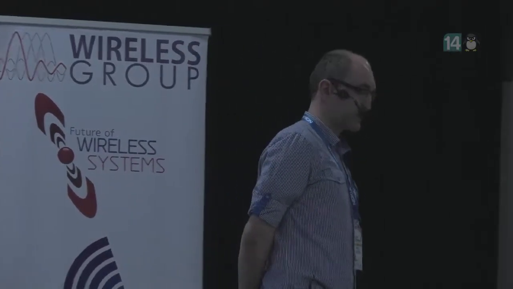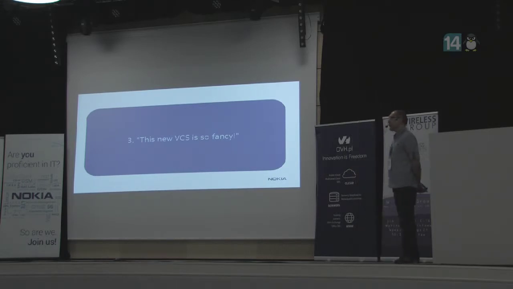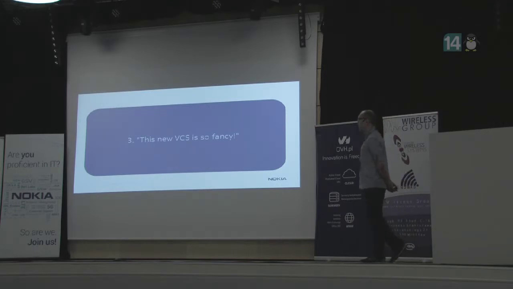So of course, instead of introducing any additional features, they had to put the effort into aligning the Nokia build system framework to the utilization of the new version control system.